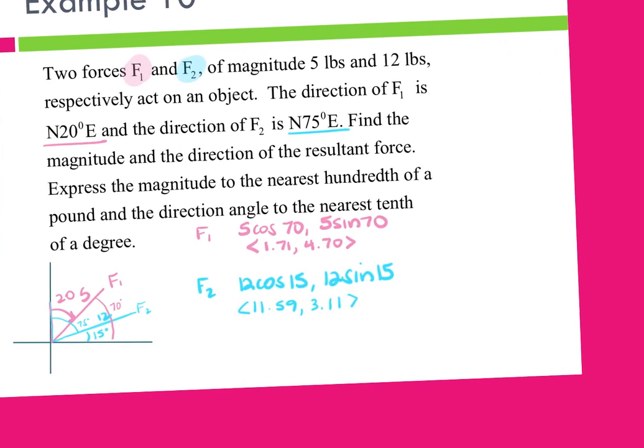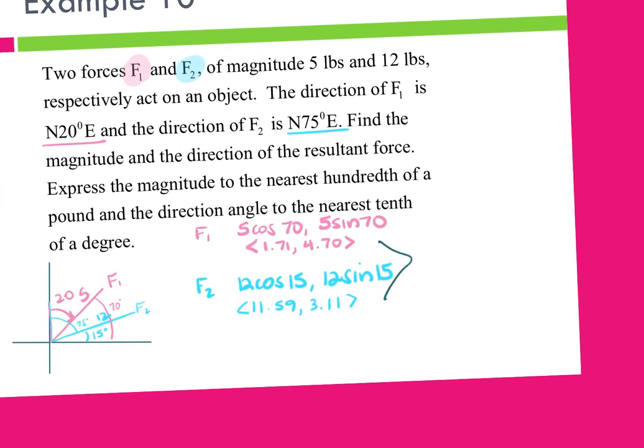Now to find the component form of the sum of these, we're going to add together 1.71 plus 11.59, the two x changes, 13.3. And then we're going to add together the two y's, 4.7 plus 3.11, 7.81. And this is the component form of F1 plus F2.